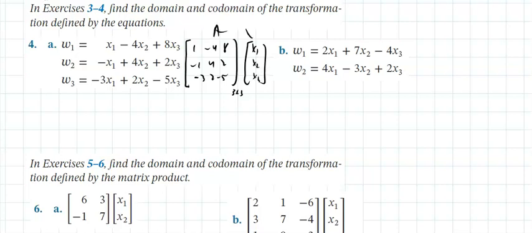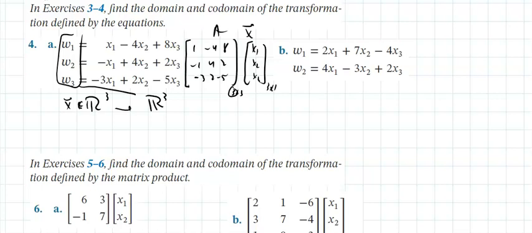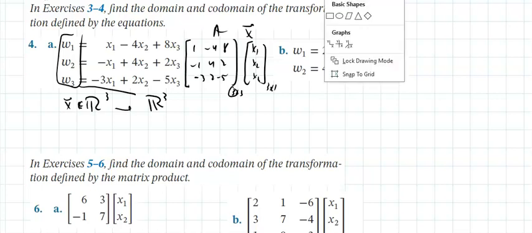So if I say that's Ax, wouldn't you say that x is 3 dimensions? And the outcome happened to be 3 dimensions as well. That's the outcome right there, W. So here it doesn't make a lot of difference.